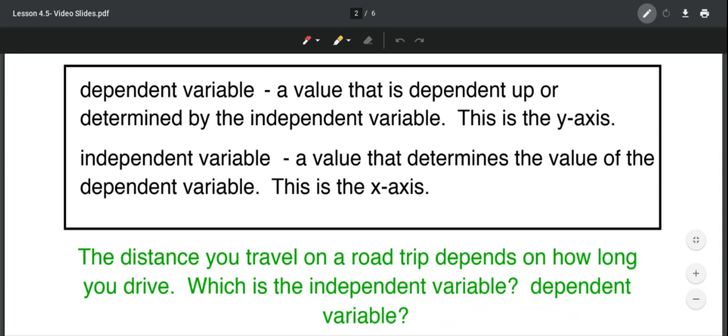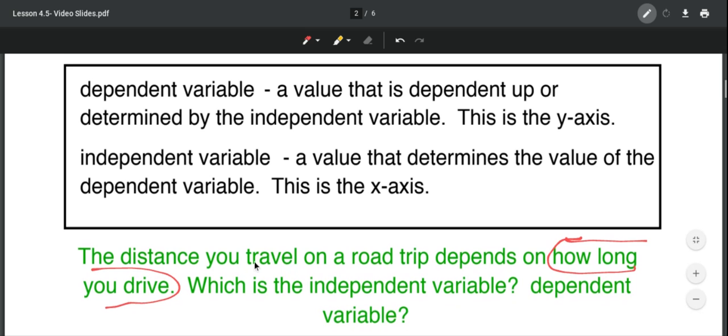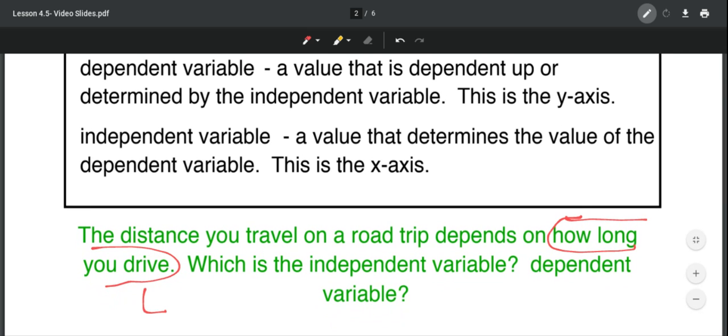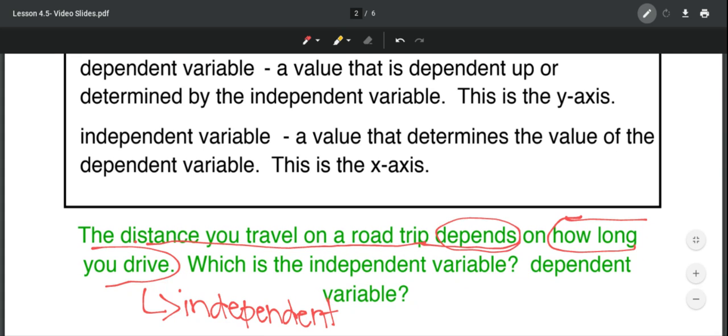The independent variable is how long you drive, because how long you drive will determine the distance you are traveling on that road. Therefore, the distance you travel on the road, because it is depending on something, is the dependent variable.